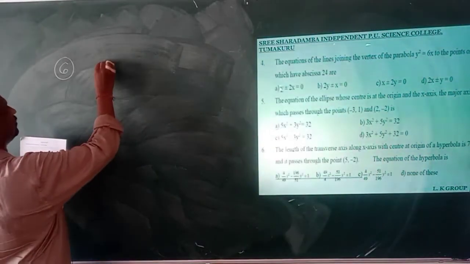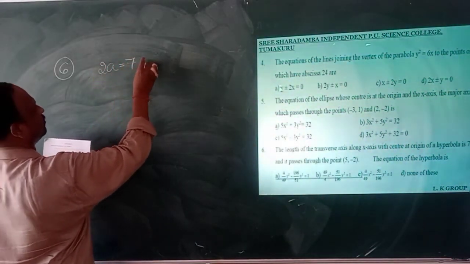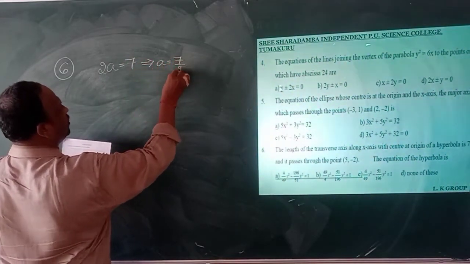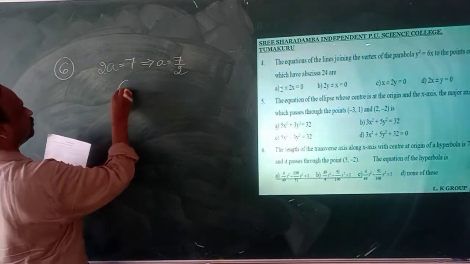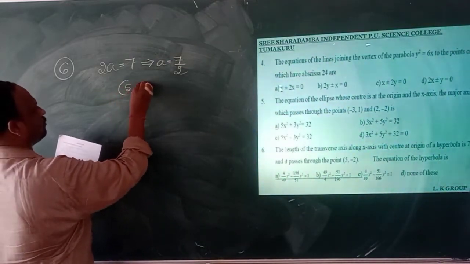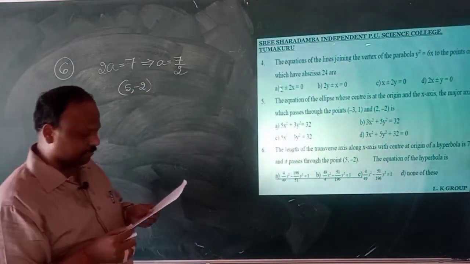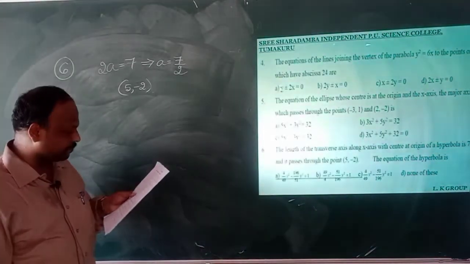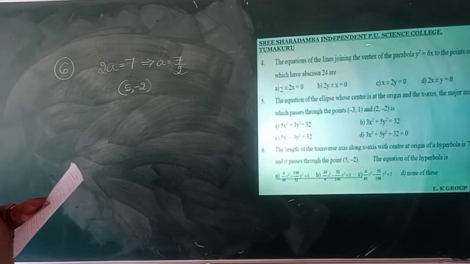Transverse axis length of the hyperbola is 7, nothing but 2a is equal to 7, so a is equal to 7 by 2, and passing through the point (5, -2). Find the equation of the hyperbola. Now you can observe a should be 7 by 2 and it should pass through (5, -2).